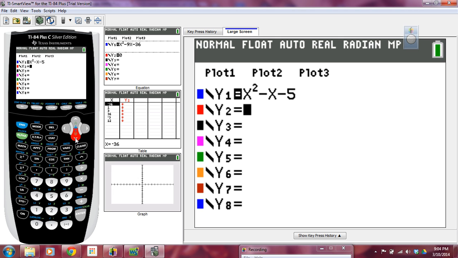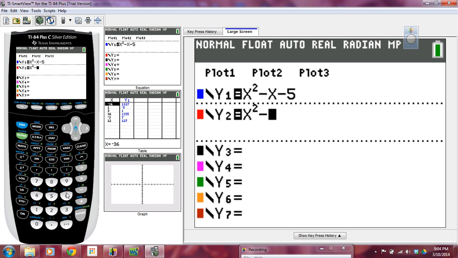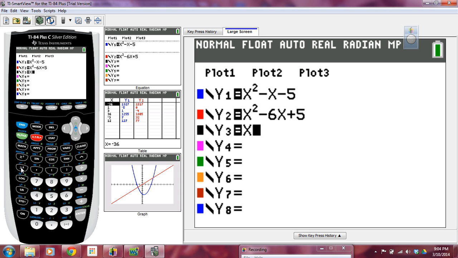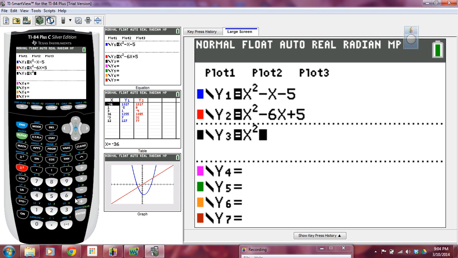Go to my y2, and I'm going to plug in answer B. So x squared minus 6x plus 5. Answer C, x squared plus 4x plus 5.